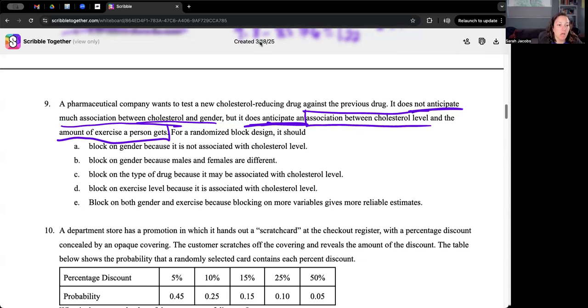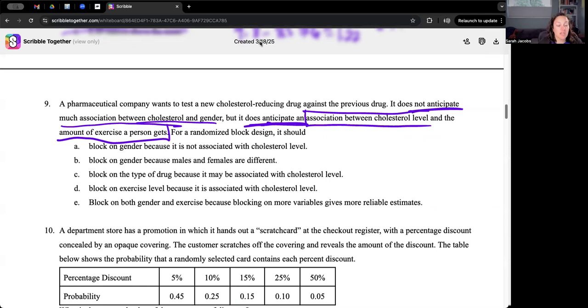We want to block on the thing that we think might affect what we're studying. So we can make sure that we don't accidentally get all the people who exercise in one treatment group and all the people who don't exercise in the placebo group or the standard of care group, and confound our results with just the fact that some of them exercise or not.